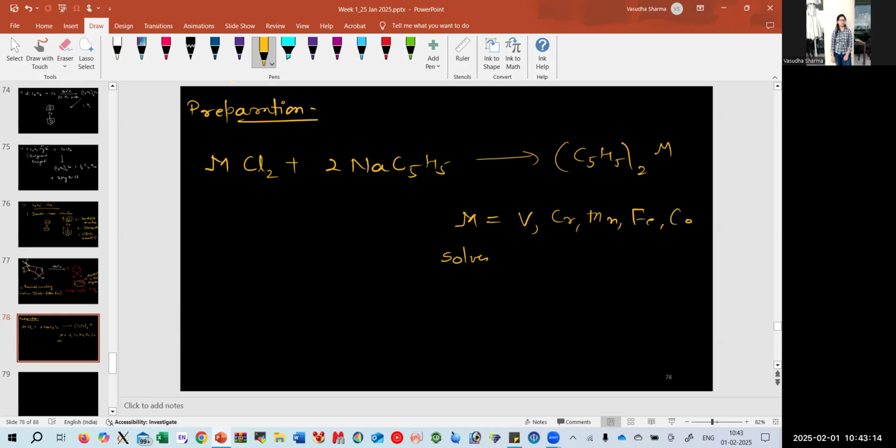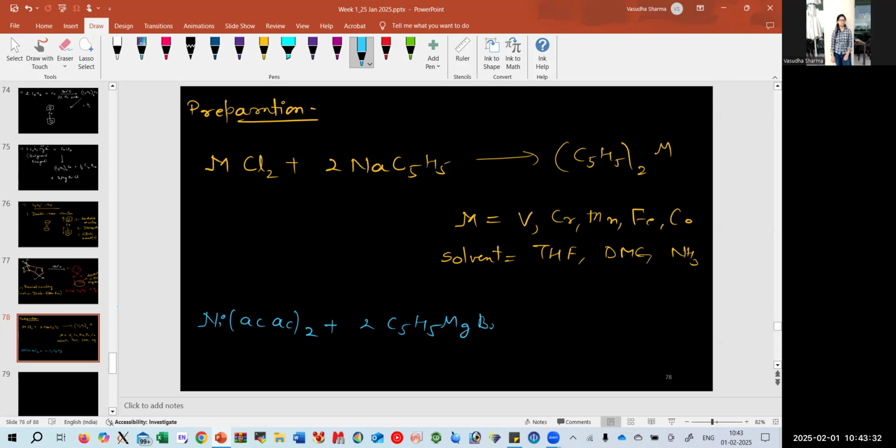And the solvent that we will use is THF, DME, NH3, etc. If we are having nickel acac and we are treating with C5H5MgBr, this is the Grignard reagent, and it also will form (C5H5)2 nickel plus two molecules of acac MgBr, right?